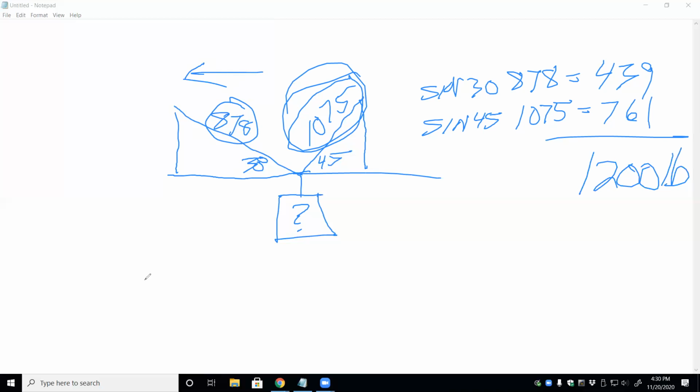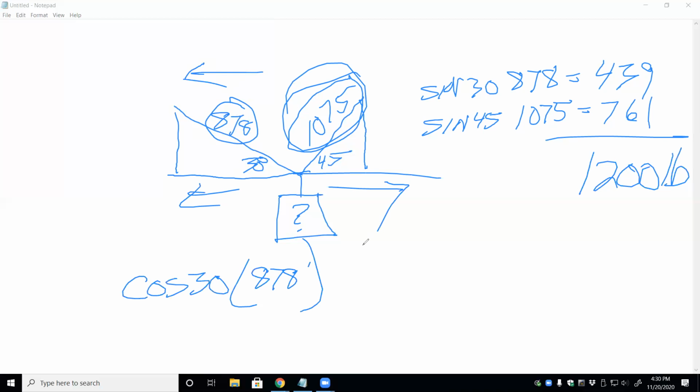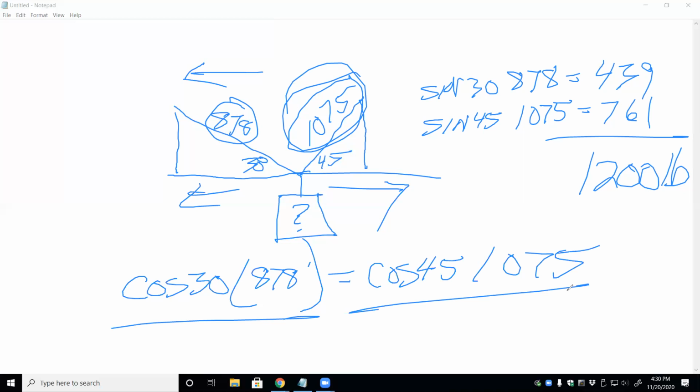So I can say the cosine of 30 going to the left times that, 878, is the amount of force going laterally left, and this has to be exactly the same because nothing's moving, everything's static. So that is the cosine of 45 times 1075. And you will see that that number is equal to that number, which it has to be.